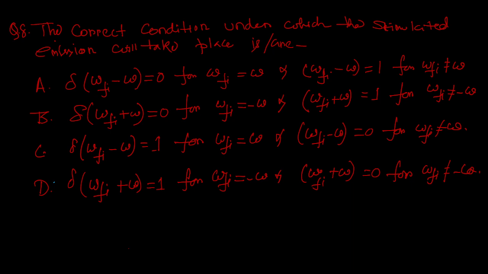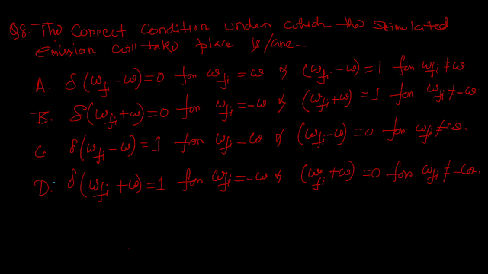The Kronecker delta value will be 0 when the two wave functions are not the same, and it will be 1 when the two wave functions are the same. So with this analogy we just look at the options and pick out which are correct.